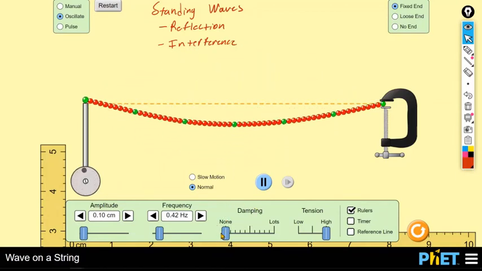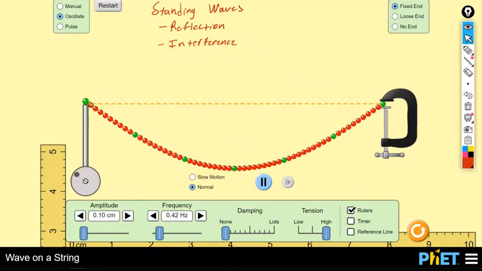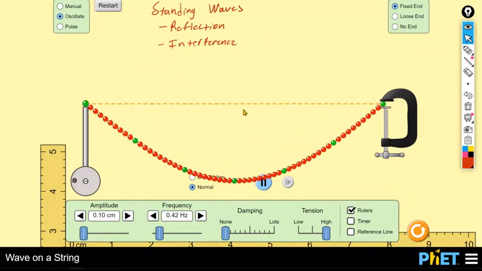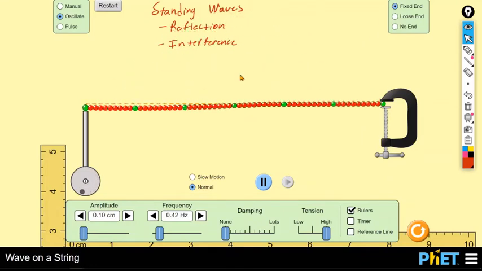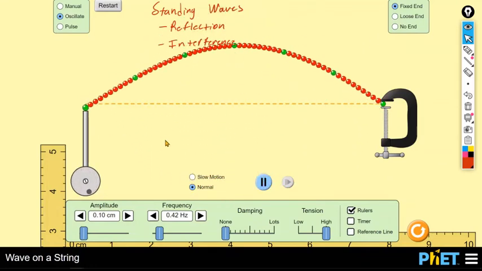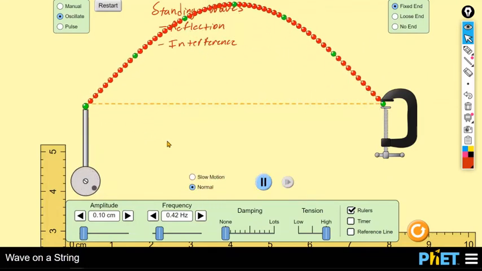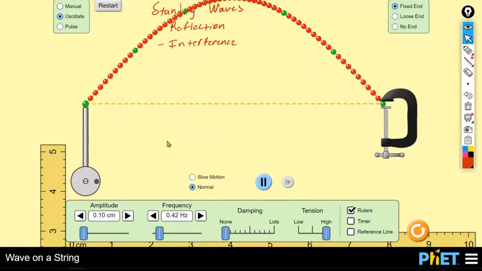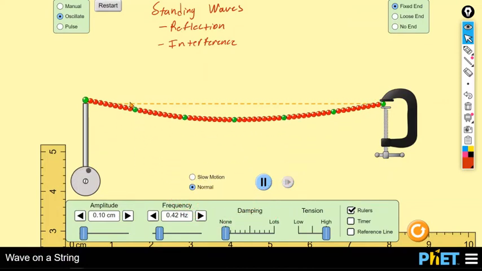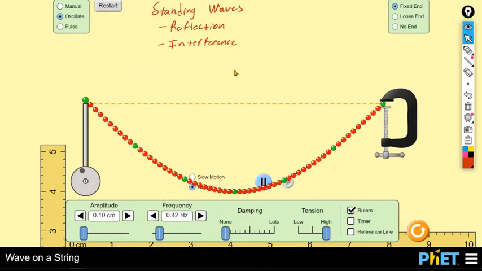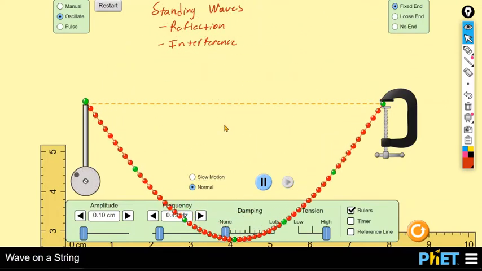Since I have no energy loss, dampening's all the way down, this is continuously constructively interfering, increasing the amplitude, and giving energy to my system. This is called a standing wave. The reason it's called a standing wave is because it looks like it's standing still. It doesn't look like it's moving right or left. It just looks like it's oscillating or vibrating in place.